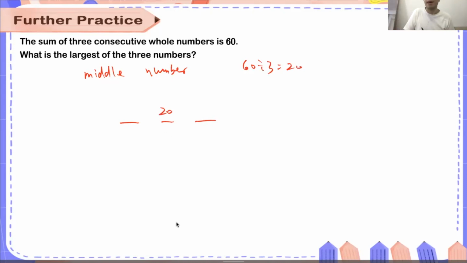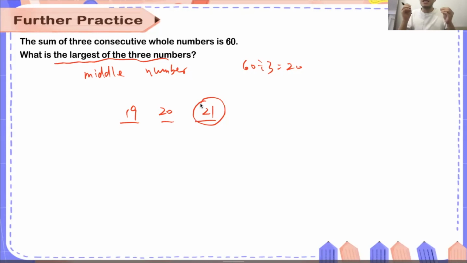Okay, we have the middle number here, and consecutive whole numbers. Consecutive whole numbers, that is not consecutive even numbers, consecutive whole numbers, okay? 19, 21. And what is the largest of the 3 numbers? 21. You have the right answer, okay?